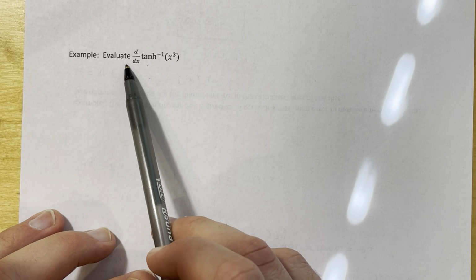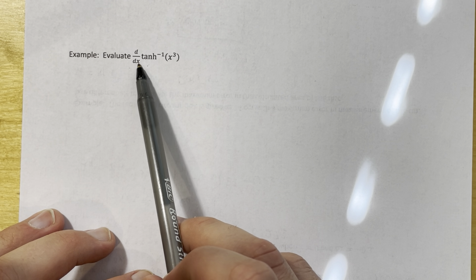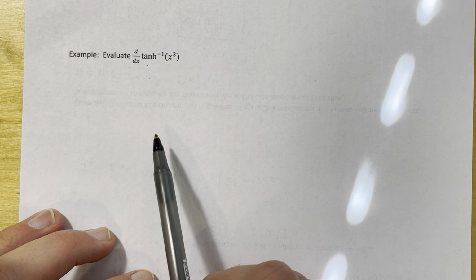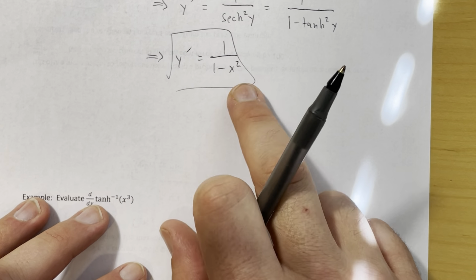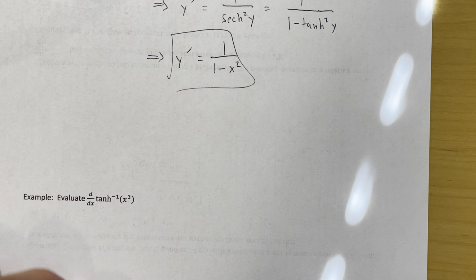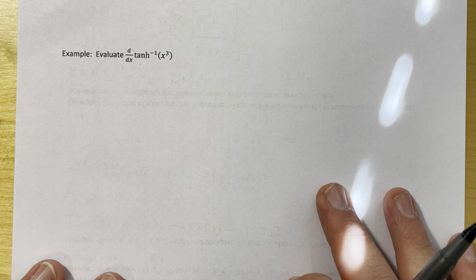All right, we're going to wrap things up with one last example of finding a derivative. This time we want to evaluate the derivative of inverse tangent of x cubed. So this is going to require the chain rule. And up here, we evaluated the derivative of the inverse tanh function.